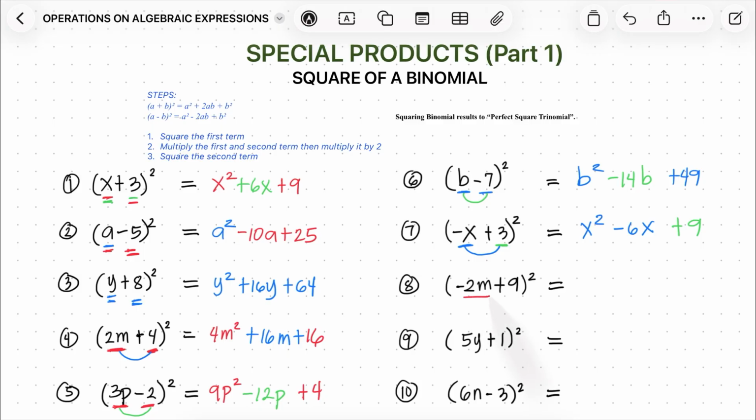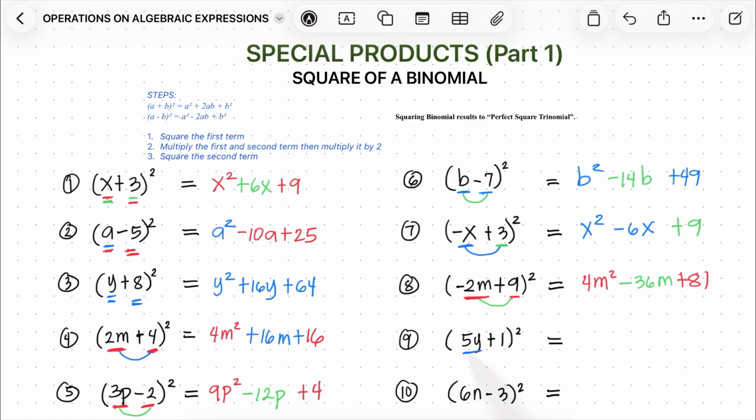So that will be negative 2m times negative 2m, that will be positive 4m squared. Next, we have positive 9 times positive 9, that's positive 81. And then negative 2m times 9, that is negative 18m times 2, it's negative 36m.